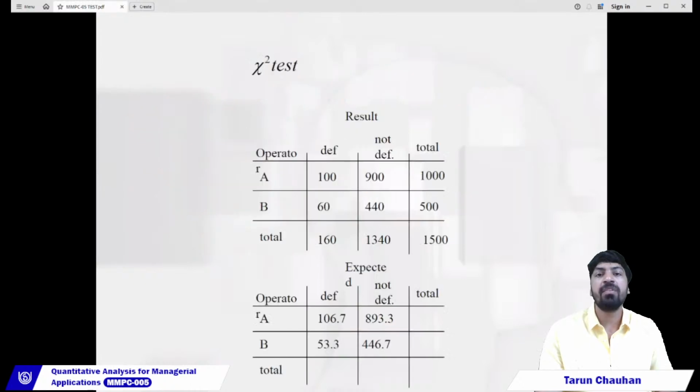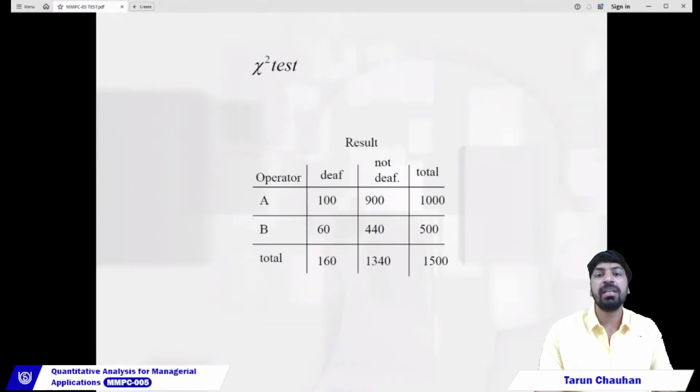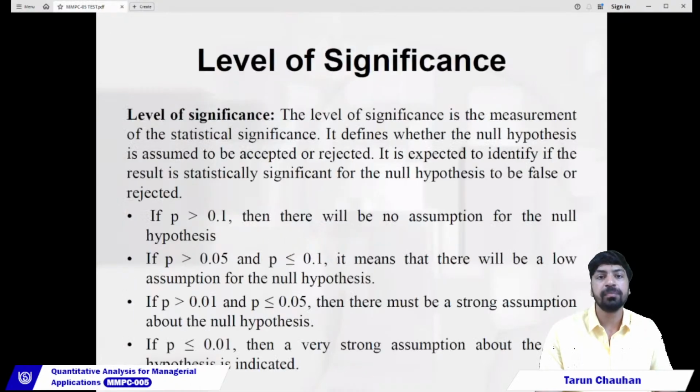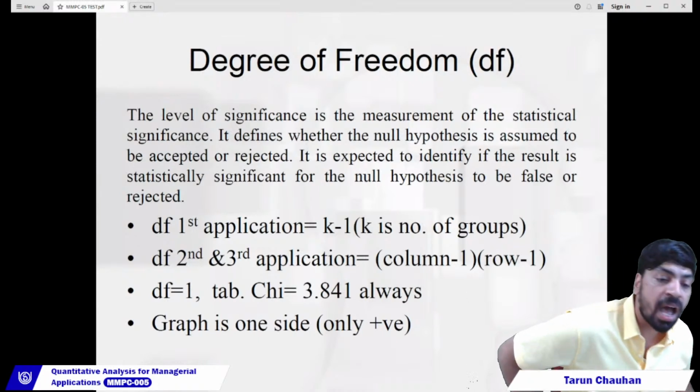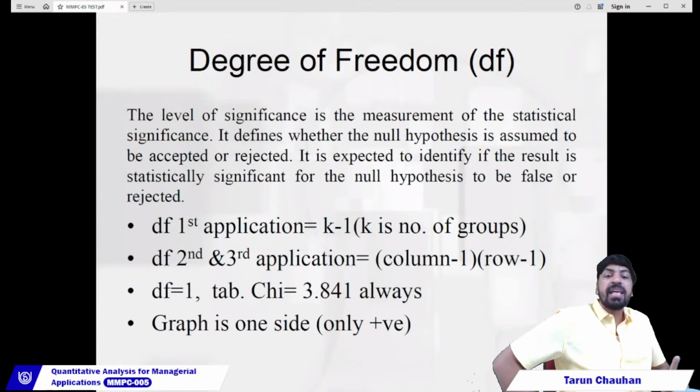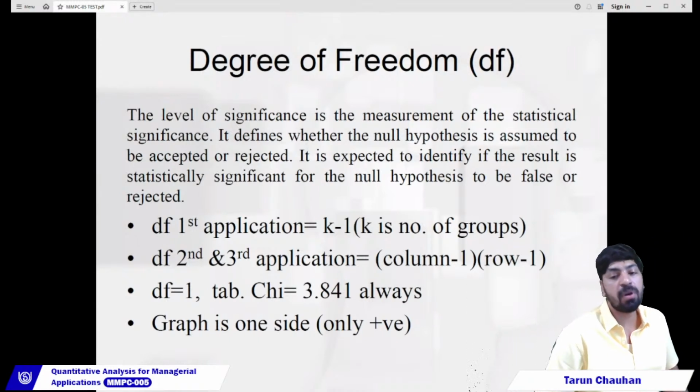So let's come back to the earlier slide. If the df is 1, then the table value under the chi-square distribution is 3.841 always. And when the degree of freedom is drawn on a graph, it is one-sided and always positive.